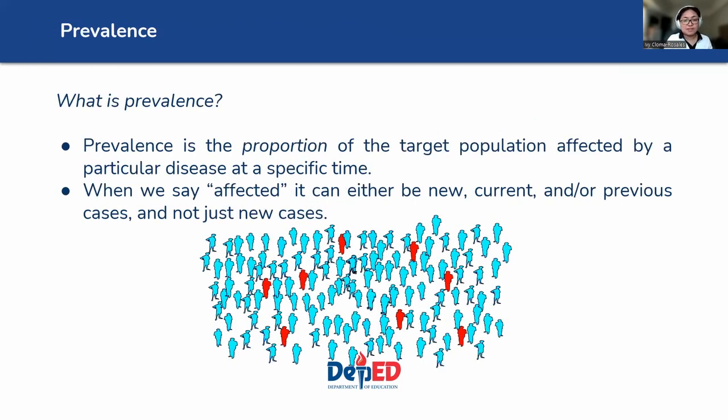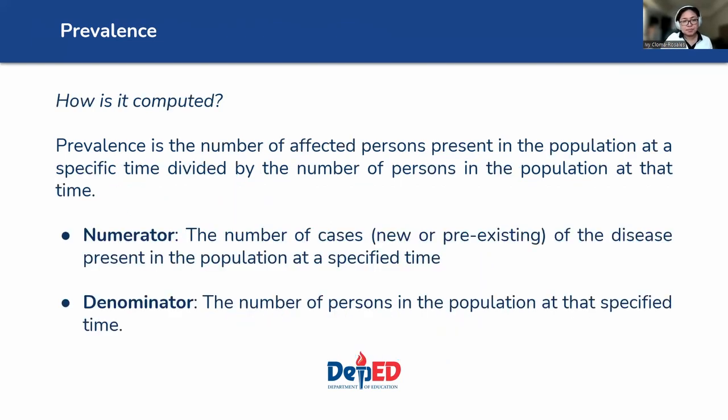Now, what is prevalence? Prevalence is the proportion of the target population affected by a particular disease at a specific time. And when we say affected, it can be new, current, and previous cases, and not just new cases, unlike for incidence. But how is it computed? Prevalence is a proportion only.